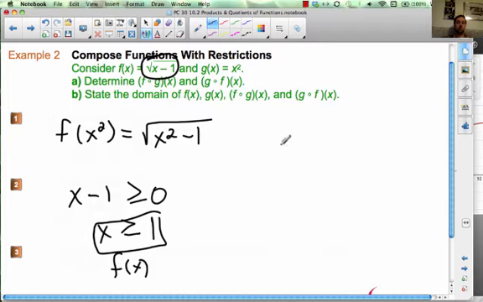So whatever makes this a negative number. So once g is plugged in here, this has to be greater than or equal to 0. So x squared has to be greater than or equal to 1, which means take the square root of x.